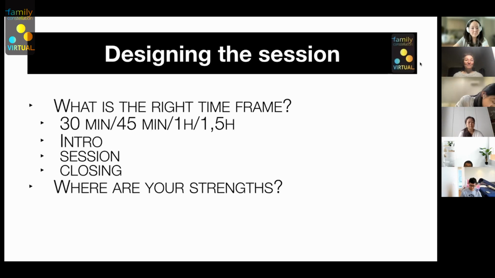Use them, but don't mix them up with the family constellation. I just want to emphasize that. Keep the family constellation itself pure, like the work you have learned, like the work that Bert Hellinger has shown us and given us, but use your strength in the intro and the closing, for example, when you need that.